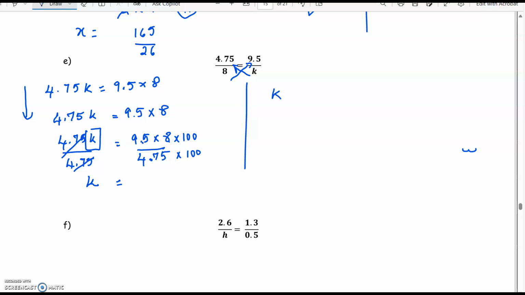We're just simplifying. So we get k equals 95, because we shift the decimal point 1 place value to the right, getting rid of one of the zeros in the 10, because 100 is 10 times 10. So basically it's 10 times 10, and we got rid of one of the 10s by shifting the decimal point 1 place value to the right.